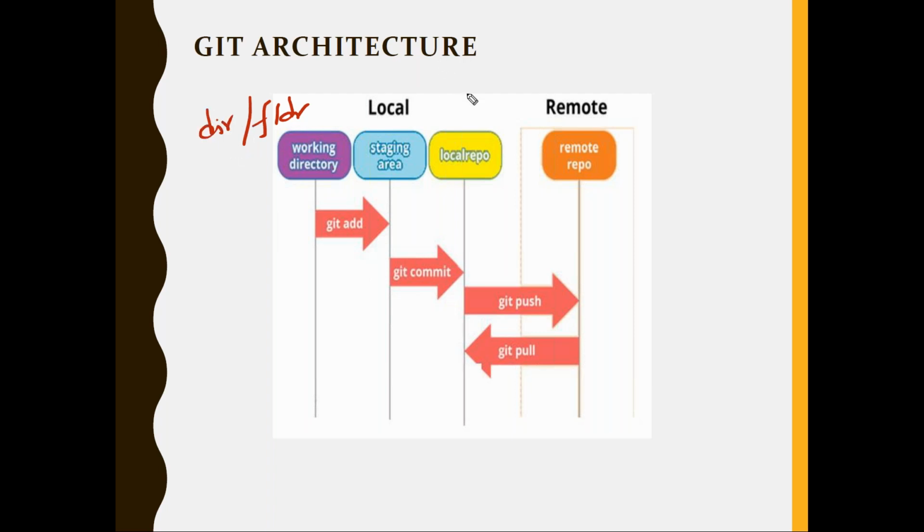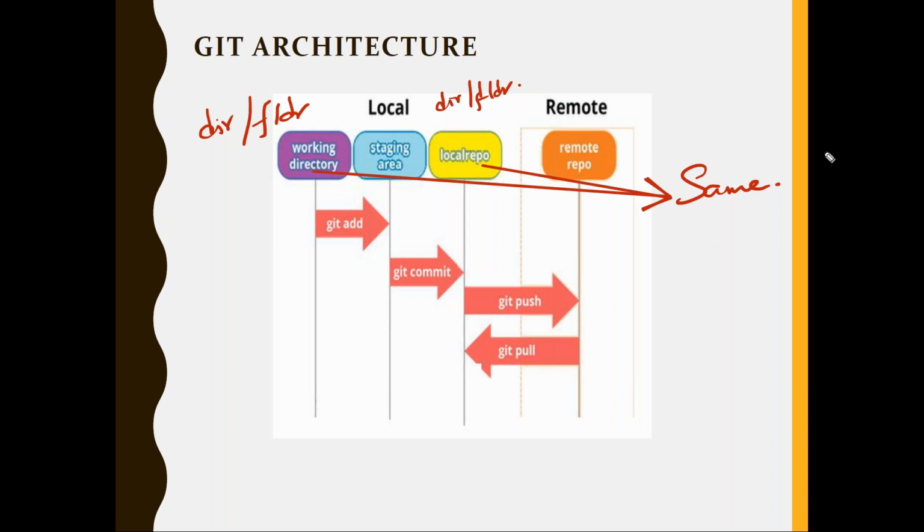And this is a separate directory, right? But let me tell you an interesting point here. This local repository and this working directory are physically one and the same directory. Imagine in your system it's the same folder. Then how come you say it's a working directory, staging area and local?